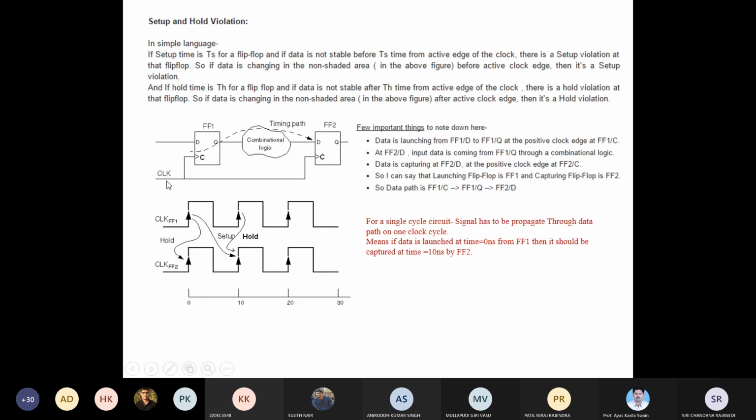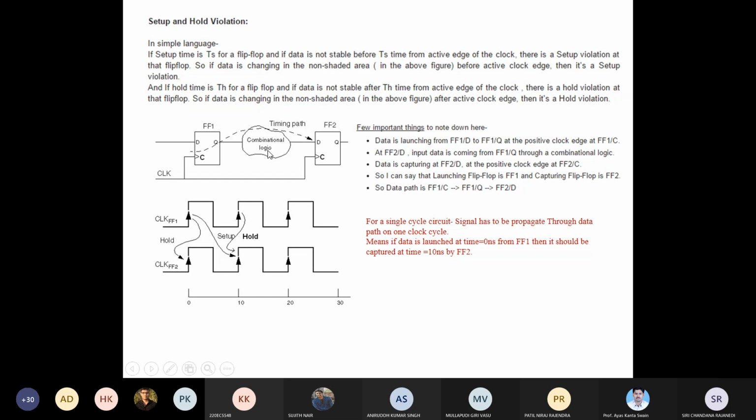So that data at 0 time units will be latched and will go in the first clock pulse to the input of the combinational logic. Are you getting it? At 0 time units this will happen.